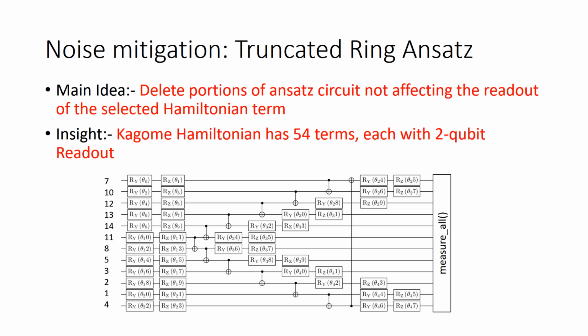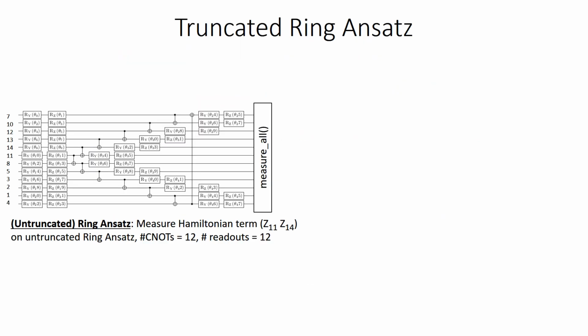Again, the main idea shown here is that we will actually customize circuits for each Hamiltonian term. So if there are 54 terms, then there are going to be 54 different truncated ring ansatz circuits. And here's an example of the truncated ring ansatz circuit derived from the untruncated version if we wish to measure a Hamiltonian term Z11, Z14.